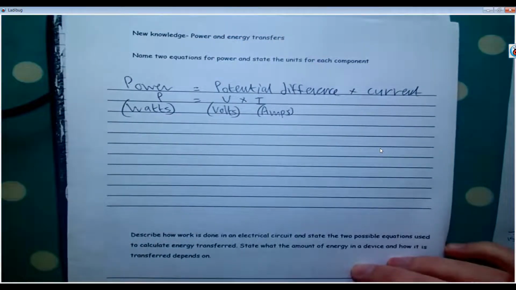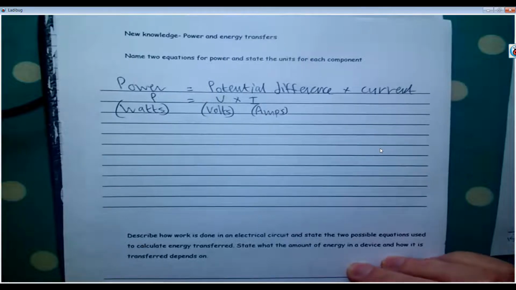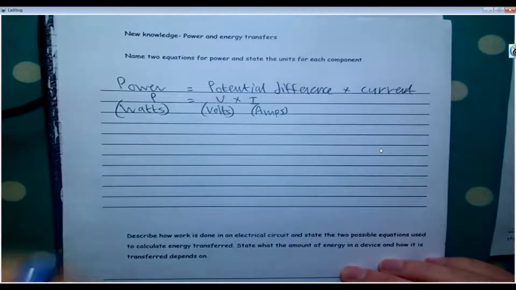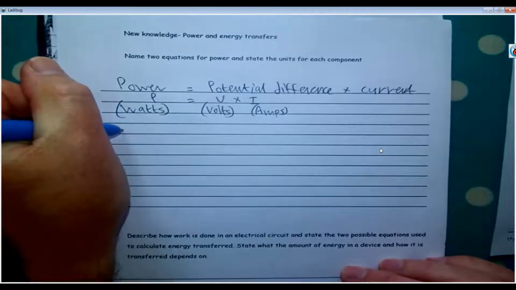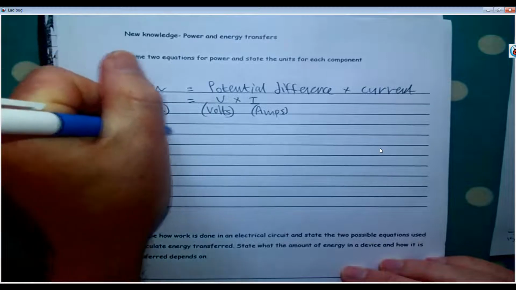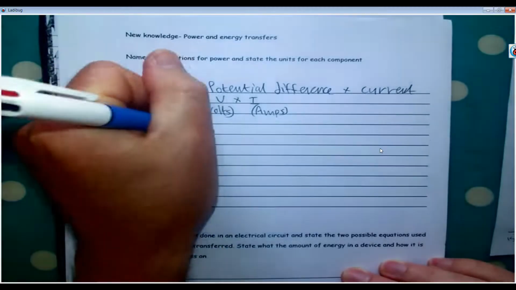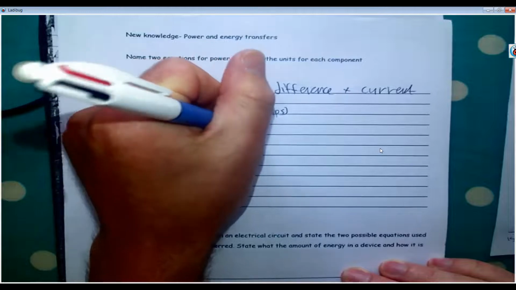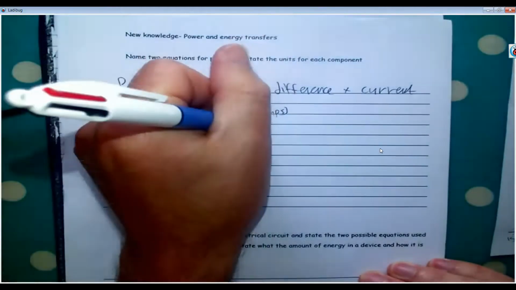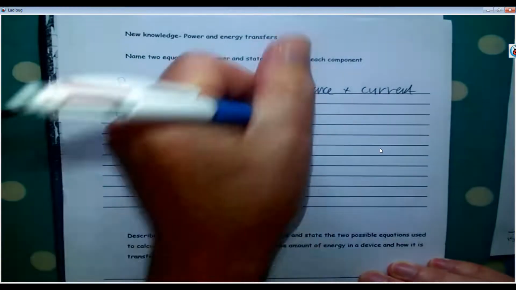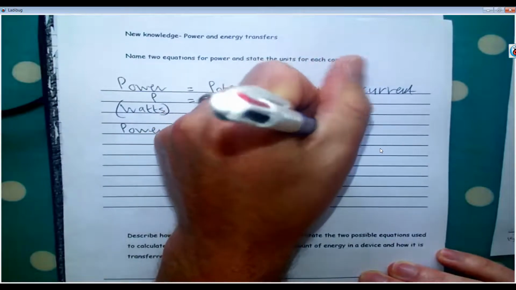What's the other equation or main one? This one doesn't seem to come up as many times on past paper questions, but it's still one that you need to know. So power equals current squared times resistance.